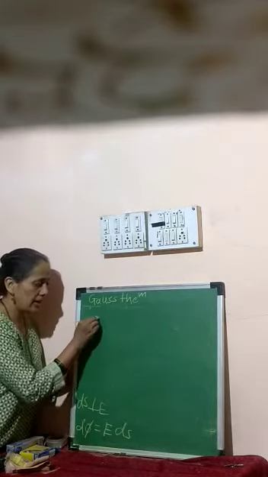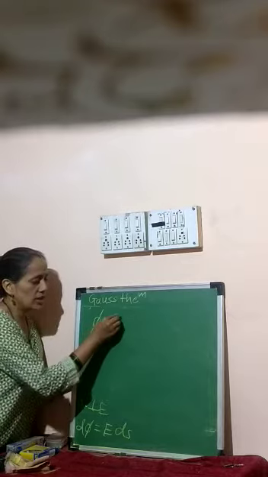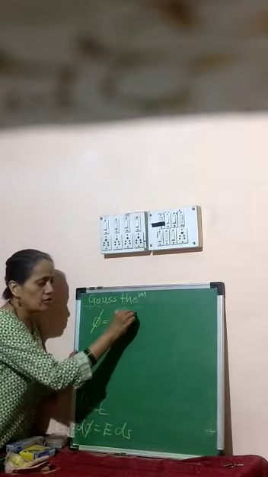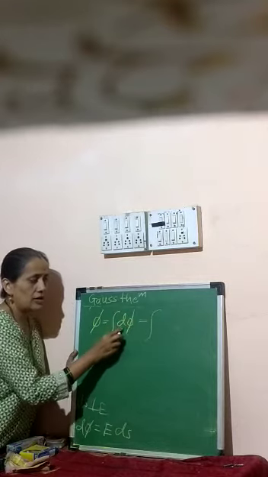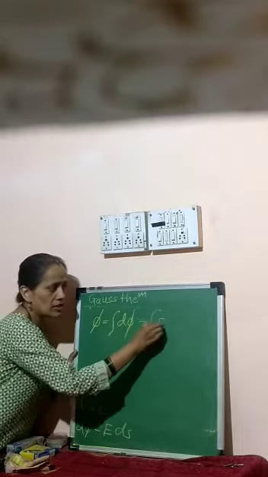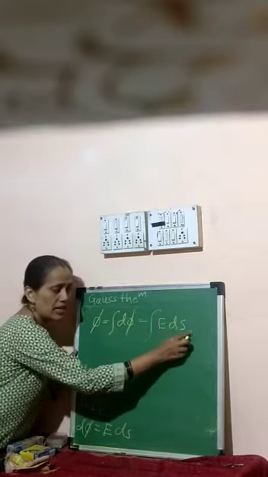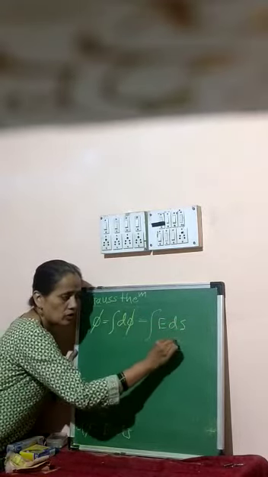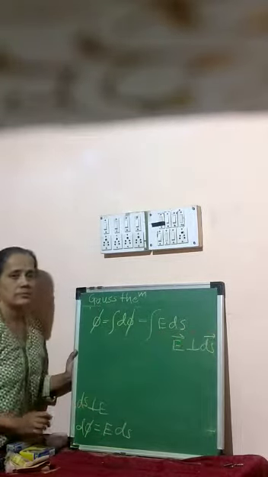What you have studied is that the total flux phi is equal to the integration of d phi. The d phi value we have seen is E into ds, and this formula is true when the direction of electric intensity is perpendicular to ds.